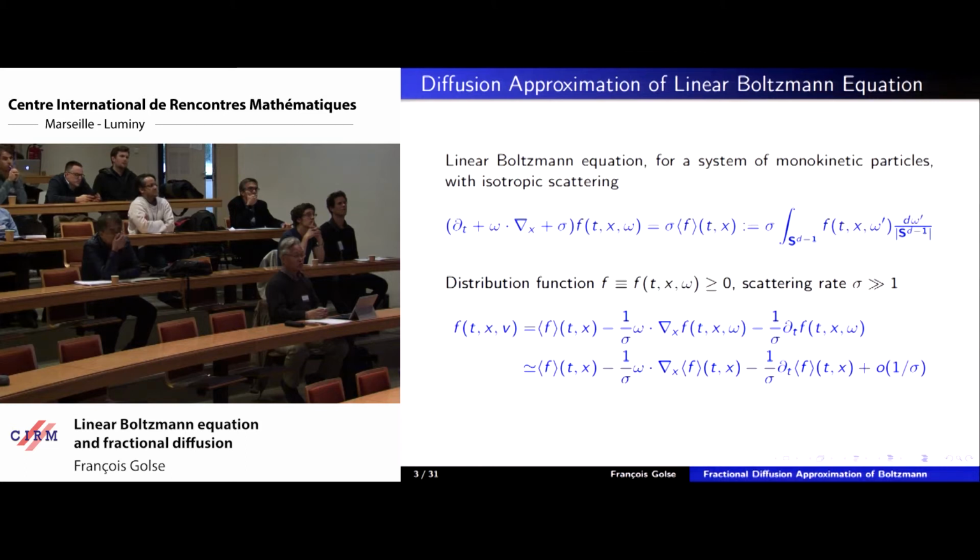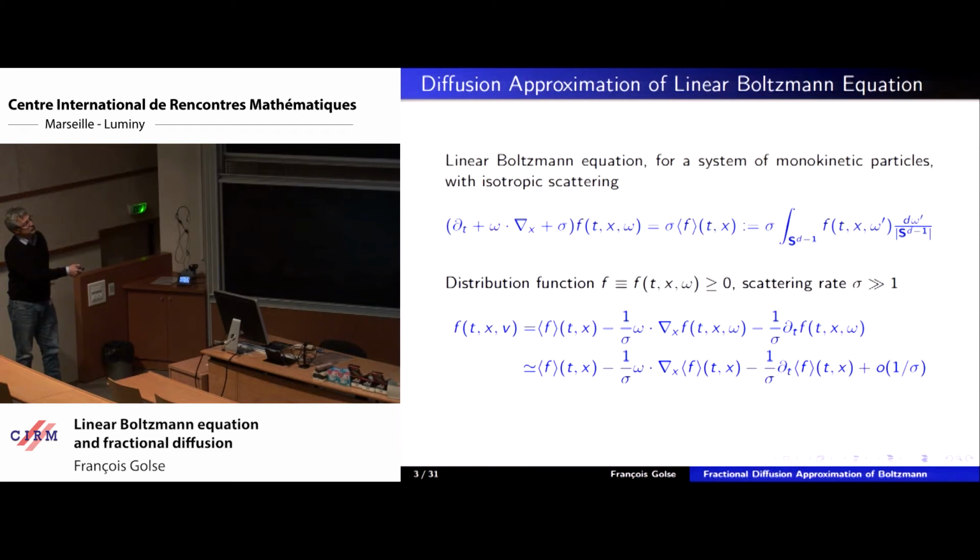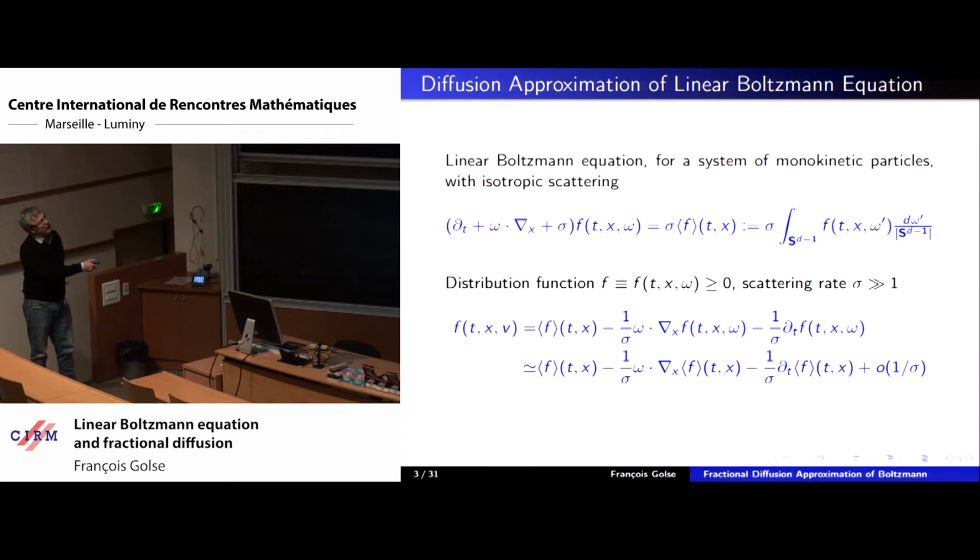So here, this linear Boltzmann equation governs the evolution of this distribution function f. And here you have the free streaming operator. You have some scattering rate sigma, which in the left-hand side of the equation tells you the rate at which particles are deviated, or the direction is modified, by collisions with the background medium.